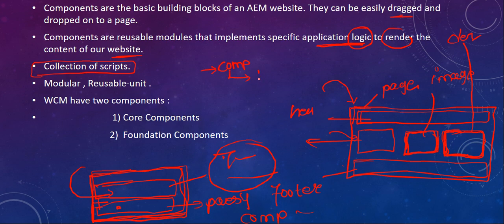Once you create this title component, automatically one title.jsp will be created. This is nothing but the script. You can write more than one script inside this title.jsp.